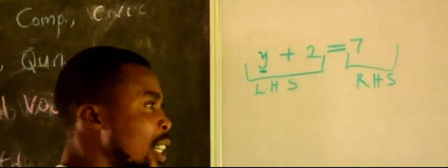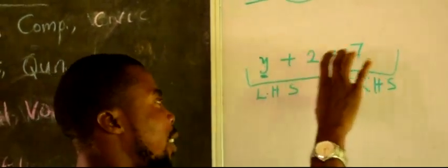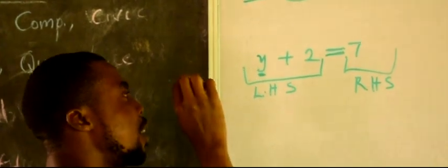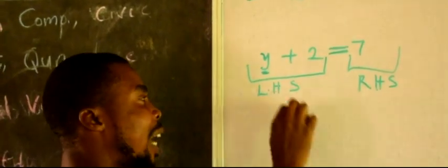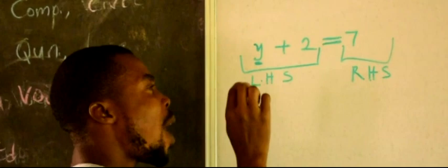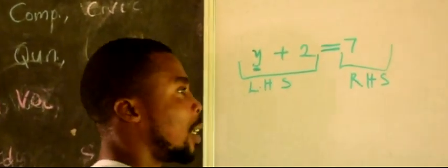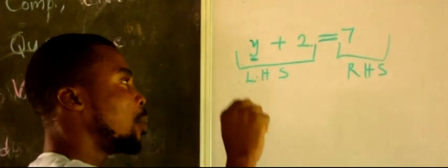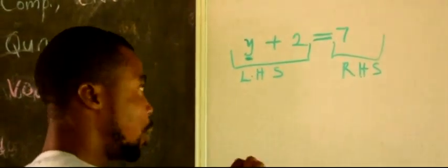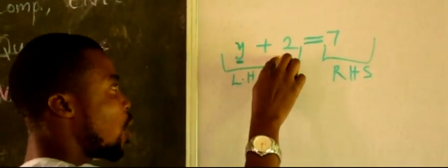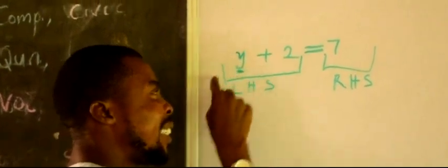Let me come again. When you are solving an equation like this, your letter must remain at the left hand side, while the other things must go to the right hand side, which means this 2 is leaving this left hand side to the right hand side.